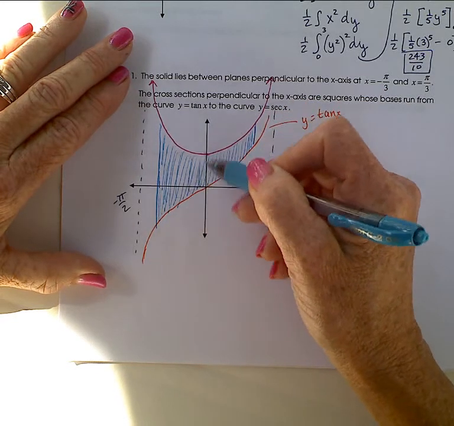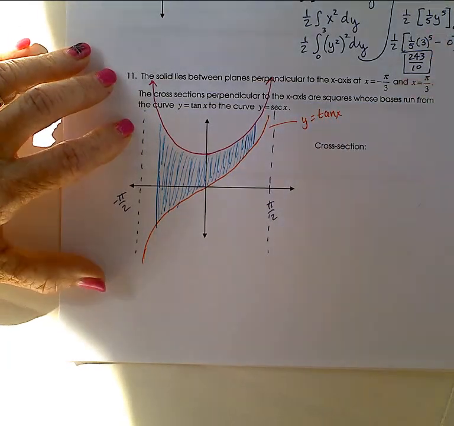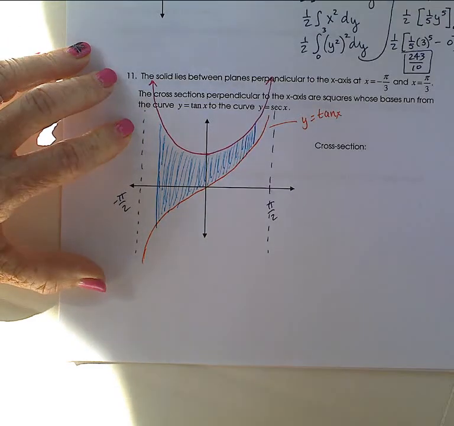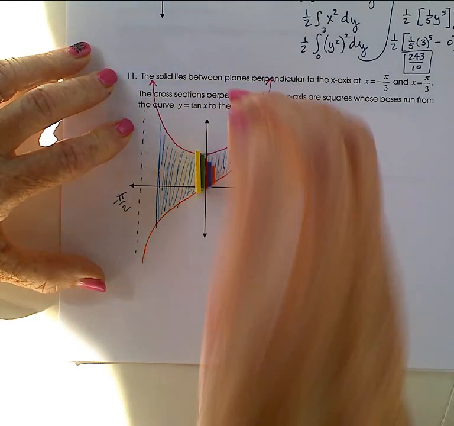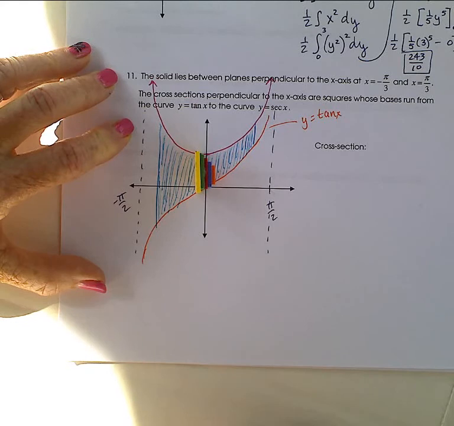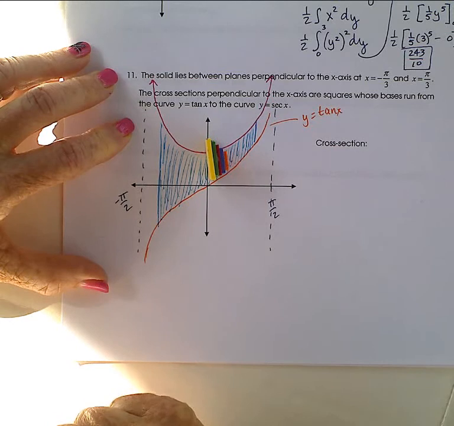That's the base of the solid. And we have squares. Where are my squares? There are my squares. And the squares are sitting just like that in there.